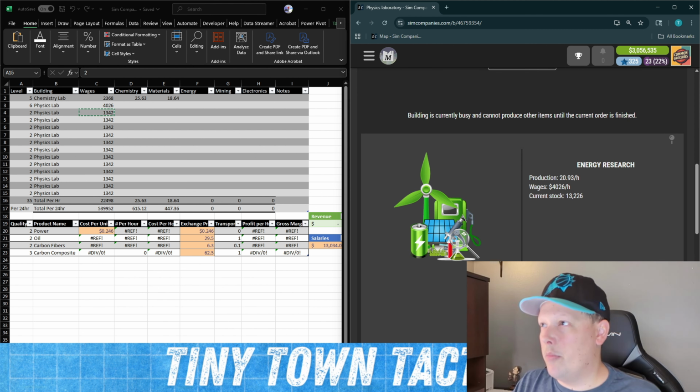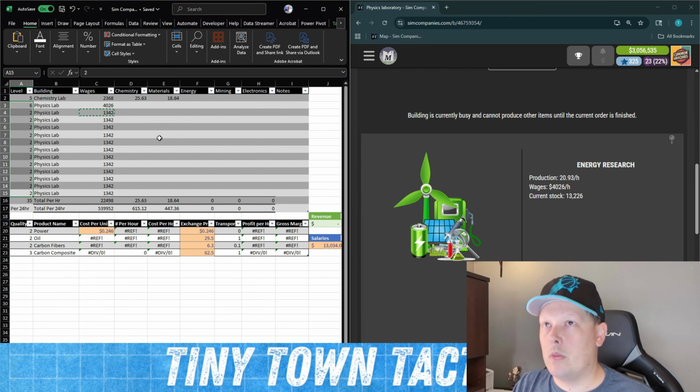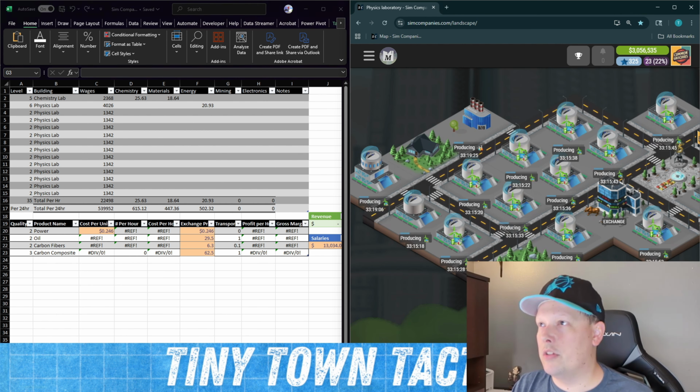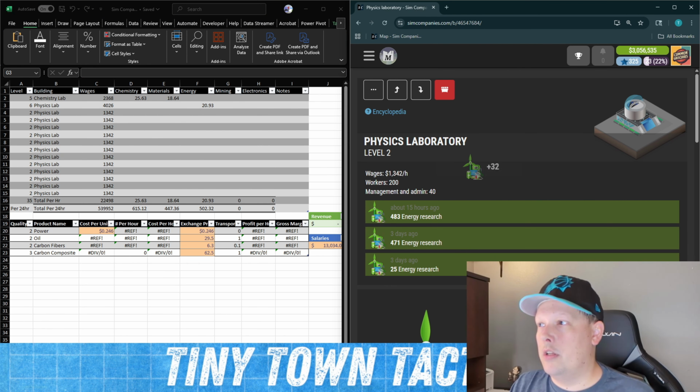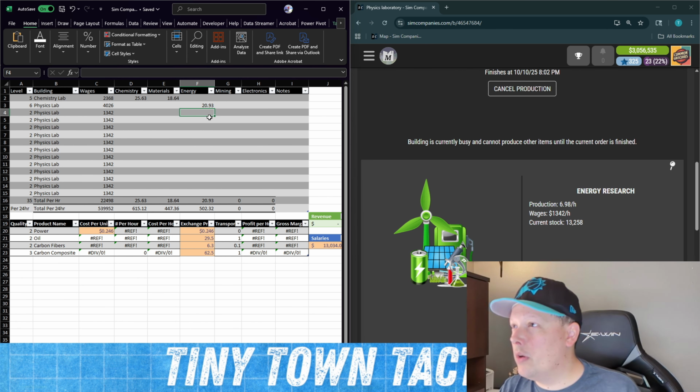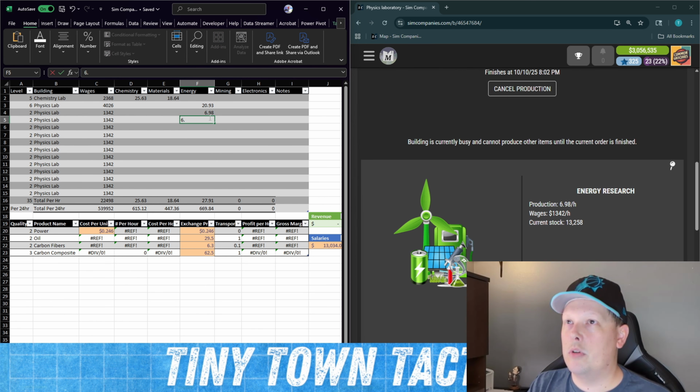The chemistry lab, we'll dive into that, because it can't produce both chemistry and materials. So in theory, there's some numbers that are not right here, but we'll figure it out. Okay, so 20.93, we'll make him make energy. So he's 6 levels of energy, and these, we'll make 2 more, 6.98, 6.98.